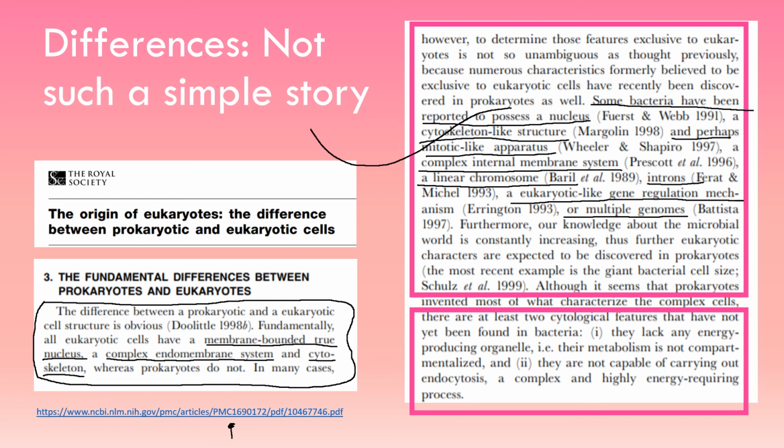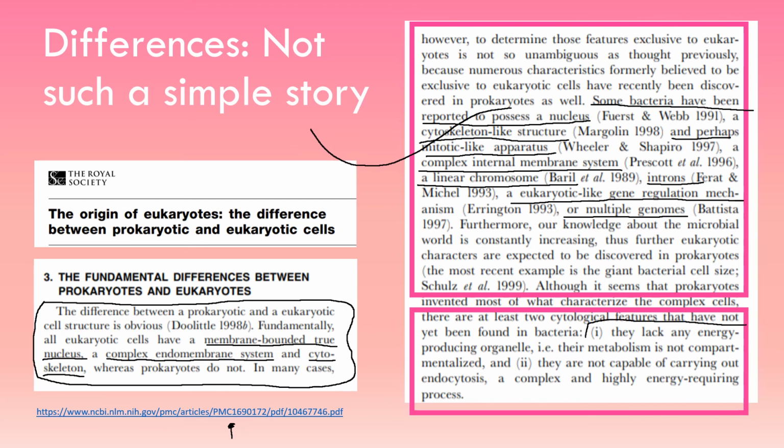So I would say, even though it's a scientific discipline, science can be disproved every now and again if things crop up that you're not expected to see. And science is based on everything that we know at this point. And I like to pick on this last paragraph here at the bottom. There are at least two cytological features that have not yet been found in bacteria.